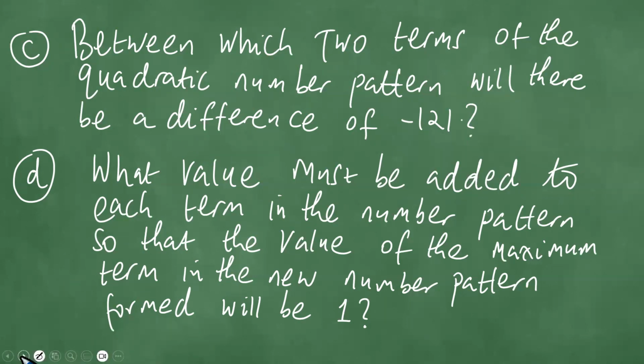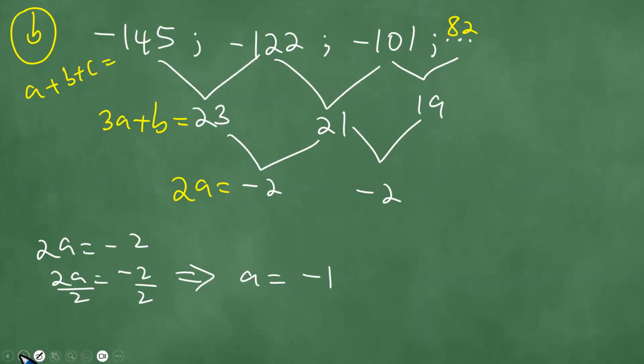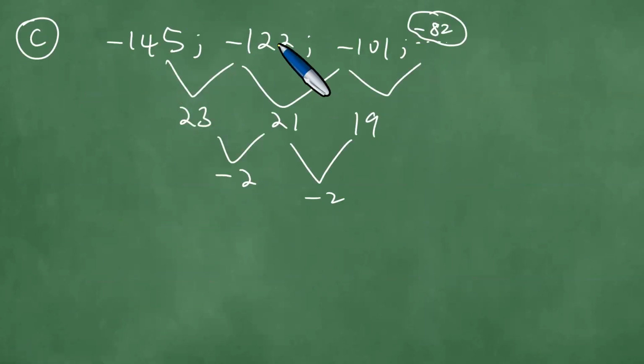So you need to look at the number pattern. The difference between successive terms forms a sequence that has a common difference, meaning this one is arithmetic. Right, it is arithmetic.